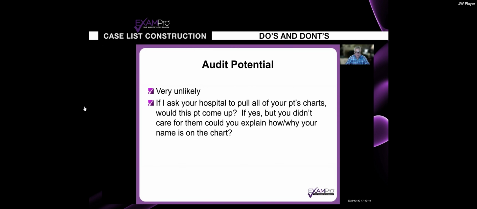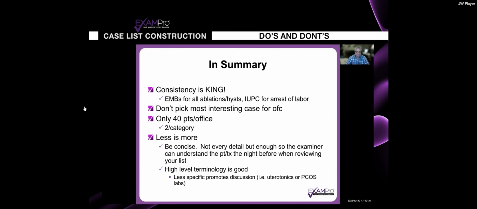Okay, you could say, hey, look, I was out of town then, I can prove this. So that'd be fine not to list that patient, but you want to make sure if they go to audit you and they say, hey, give us a list of all Dr. Jones patients, that you have all those patients on your chart, again, assuming you provided care for them.